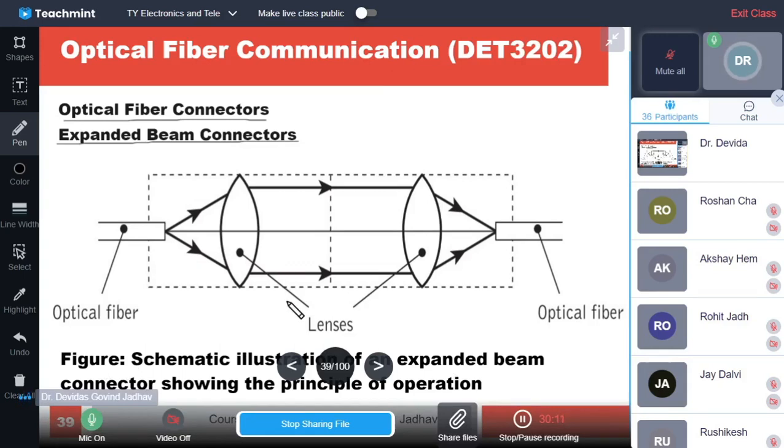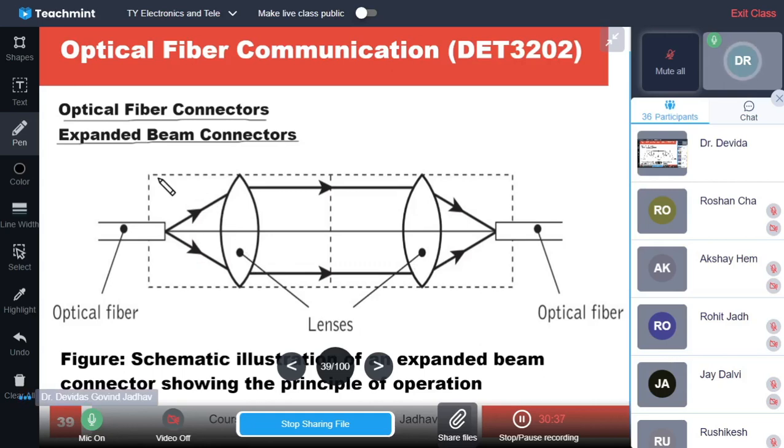What is there in this? This is the principle of operation. There are optical fibers to be joined, where one fiber is giving the optical signal or optical power output, and the other fiber is coupled with that optical output, and in between these two fibers there are two optical lenses.